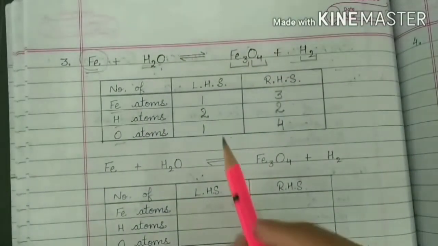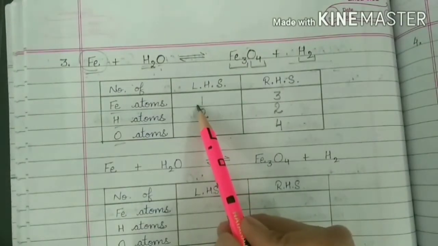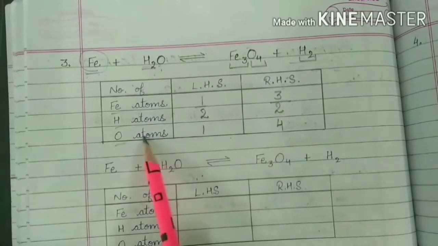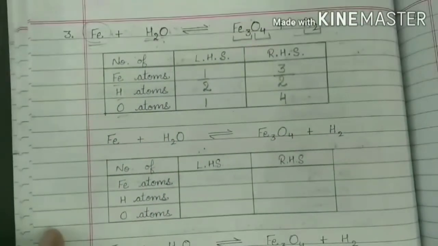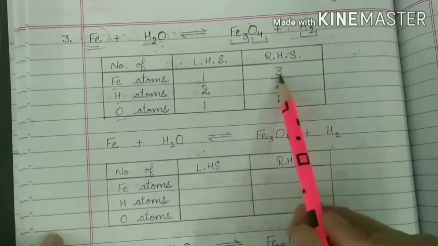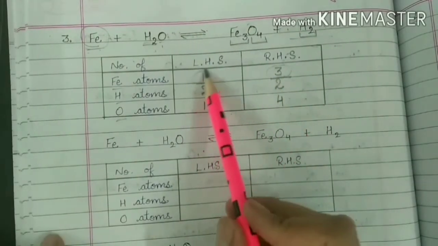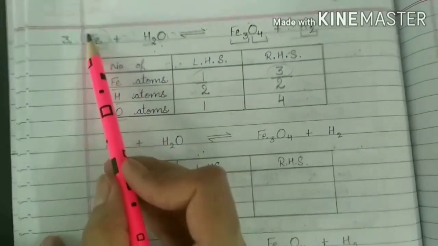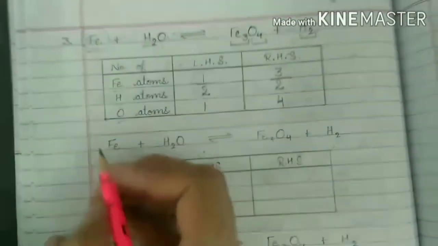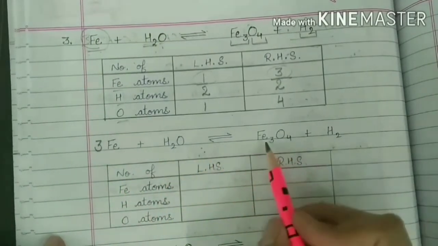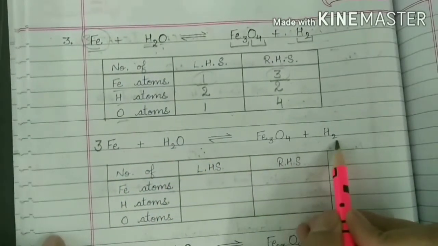Now it is clear from here that we have an unequal number of iron atoms and oxygen atoms on the left hand side and right hand side. So to balance them, firstly we will balance the iron atoms. Here we have 3 on the right hand side, 1 on the left hand side. So we can make it 3 by putting 3 in front of iron. So this equation can be written as 3Fe plus H2O gives Fe3O4 plus H2.